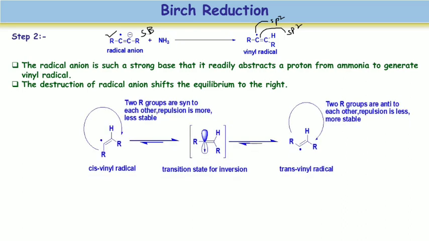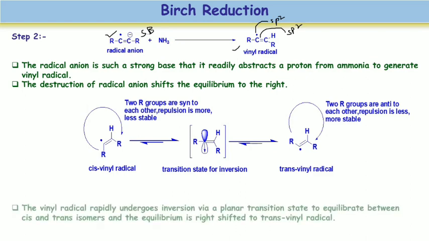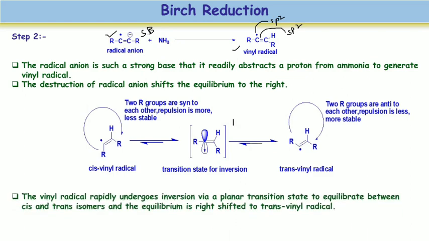Now this vinyl radical can undergo inversion through this transition state, which is planar, and this carbon is sp hybridized and the unpaired electron is in pure p orbital. So basically through this transition state, this vinyl radical equilibrates between cis vinyl radical and trans vinyl radical.